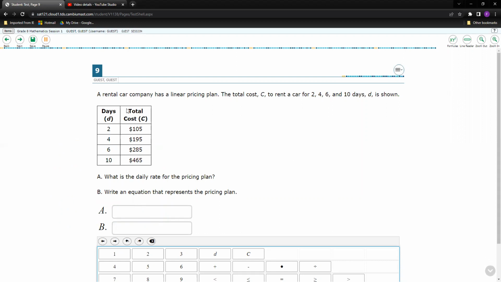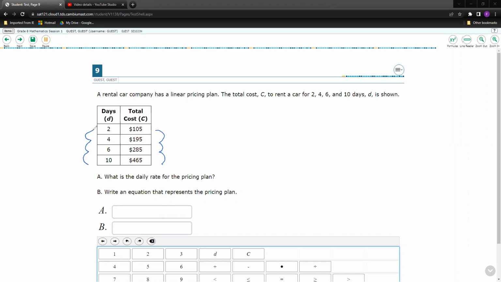Okay, now a rental car company has a linear pricing plan. The total cost C to rent a car for 2, 4, 6, and 10 days D is shown. So we have a table. What is the daily rate? We need to find the pattern of Y over the pattern of X. The pattern of X is easy to see.